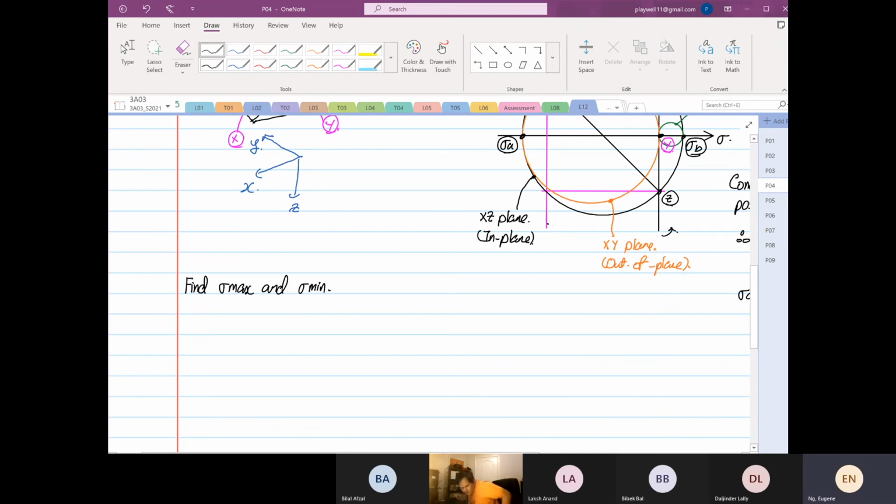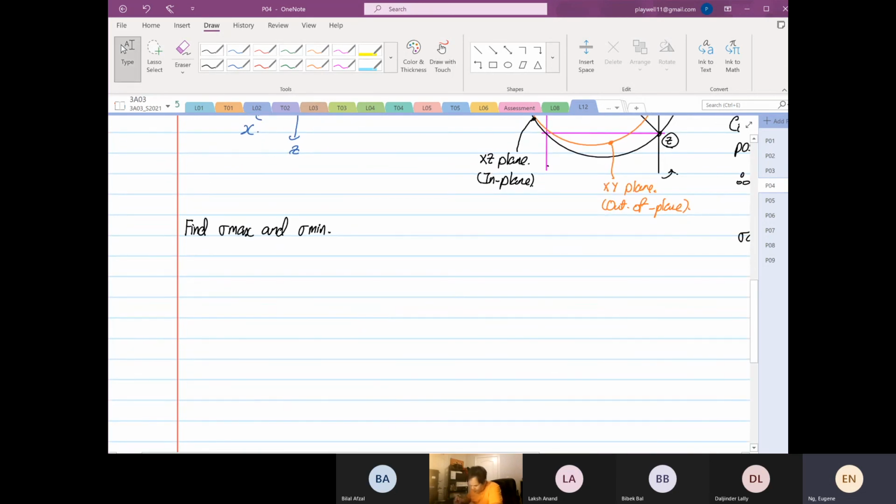So let's look at our loading condition first, then we start to plug everything in. It's not difficult over here.